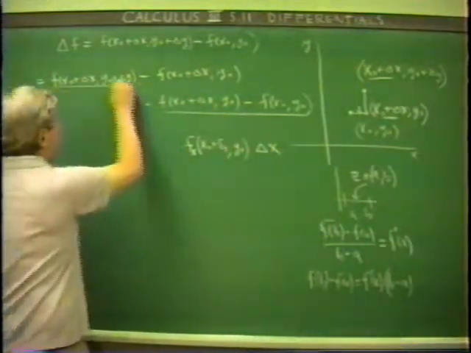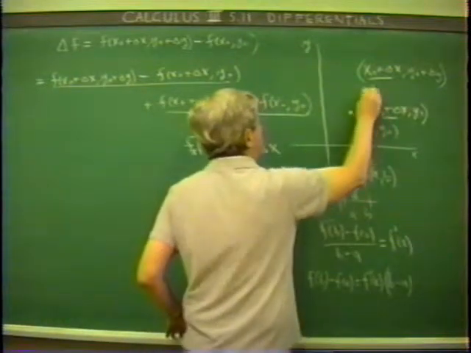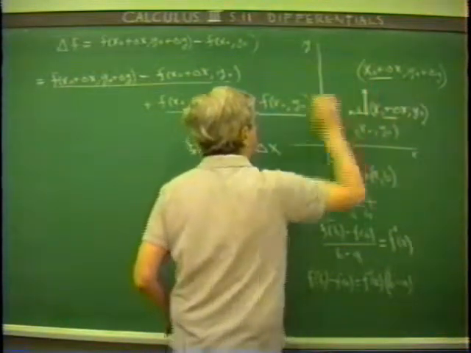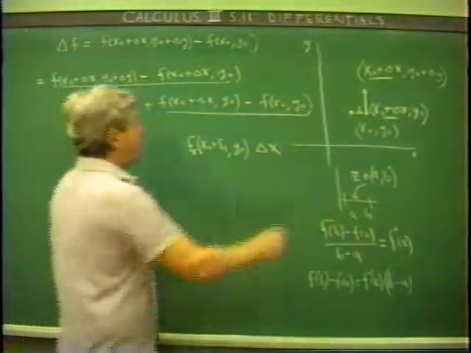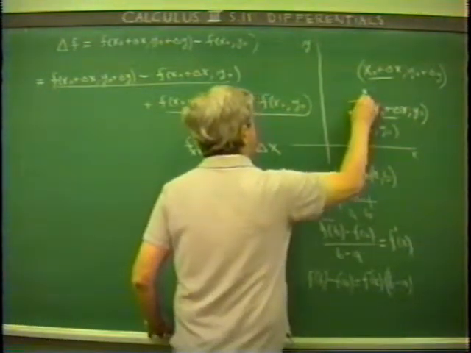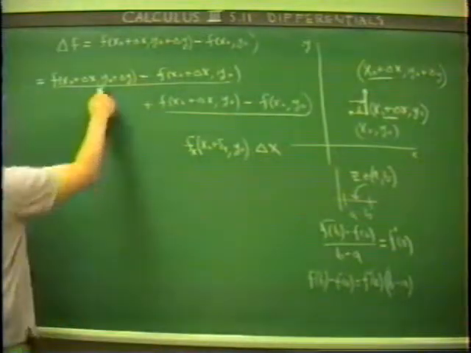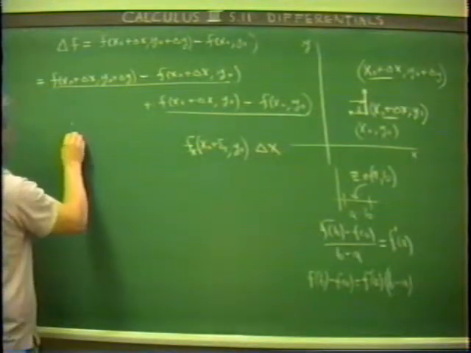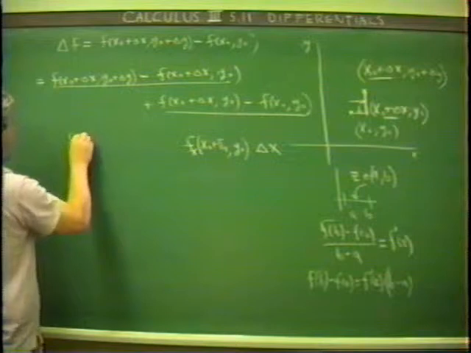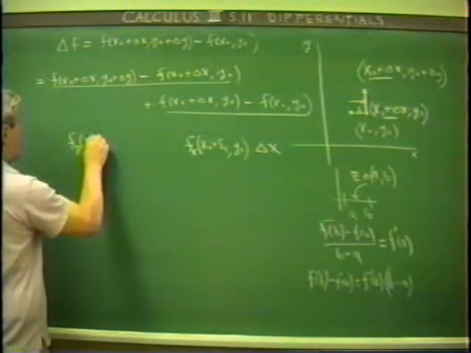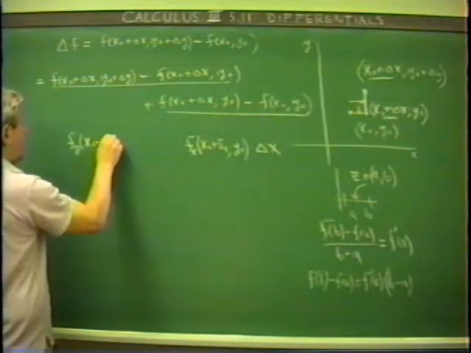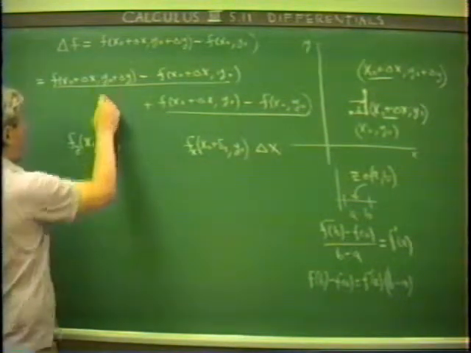This difference is going to be the derivative times the length of the interval. This one right here goes up this interval like so. So there's going to be some point in between on this interval, so that we can write this as the partial with respect to y at that point.